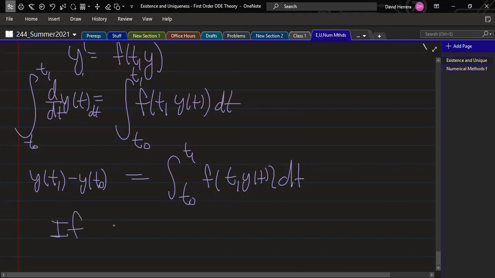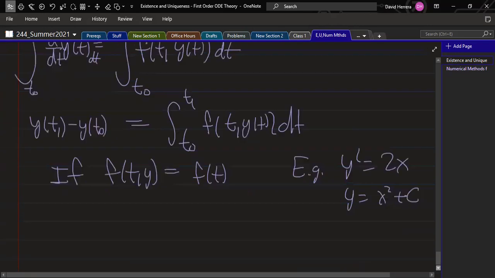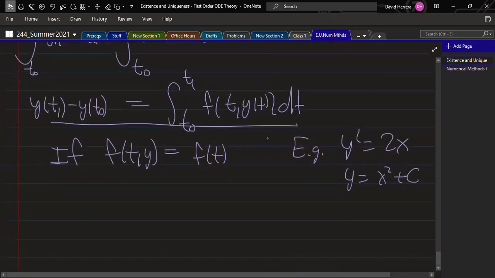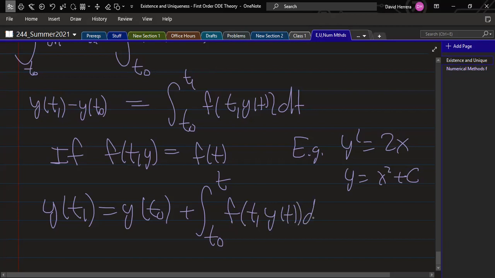If f of t comma y, if algebraically you can write it so it doesn't actually depend on y. So for instance, y prime is 2x. Well, you know what the solution to this is: y is x squared plus a constant c. And you can see that from up here, because if you solve for y of t1, it's y of t0 plus the integral from t0 to t1 of f of t, y of t dt.